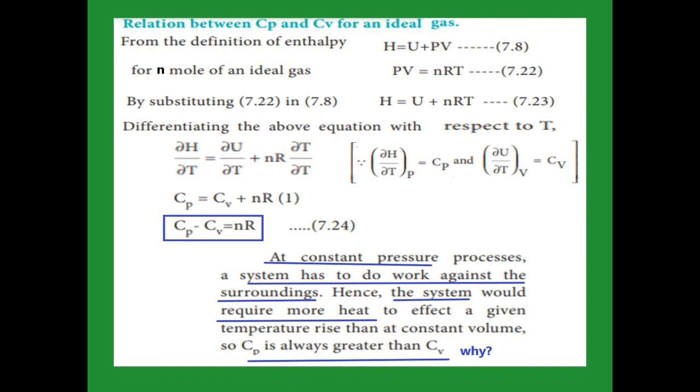But the Cp value is always greater than Cv. Why? At constant pressure the system must do work against the surroundings, so the system needs more heat to affect the temperature than at constant volume, so the Cp value is always greater than the Cv value.